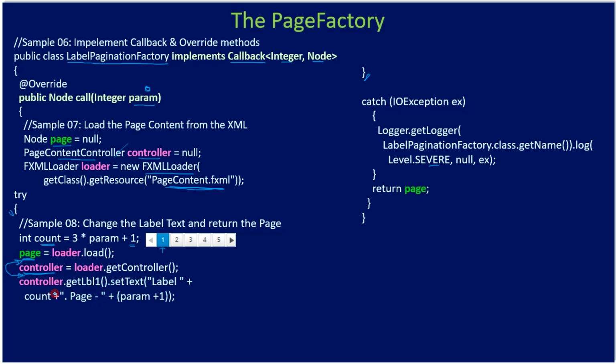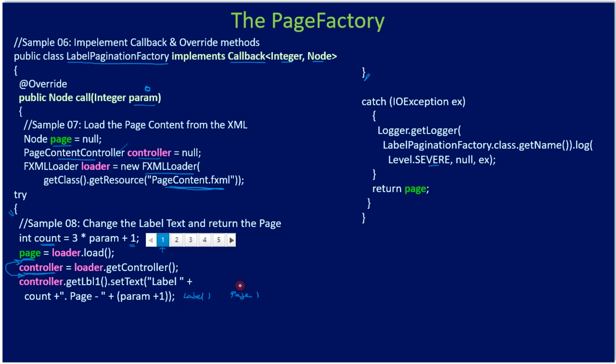Then in the controller we have the getter version of all three labels. So here if you see controller dot get label 1 set text, here we are stating label count, page param plus 1. That means label count means it will display like label 1, page 1.